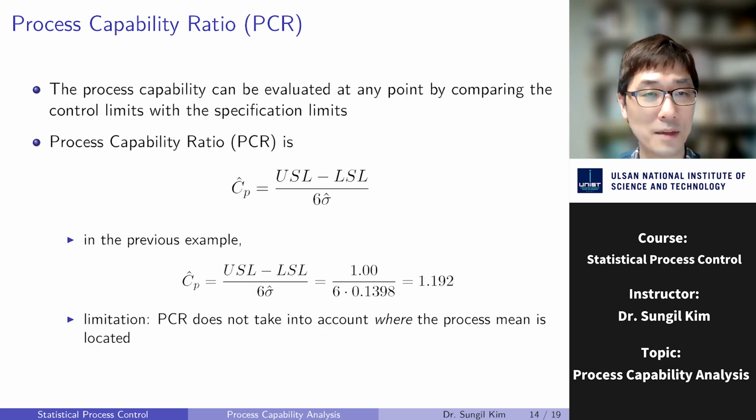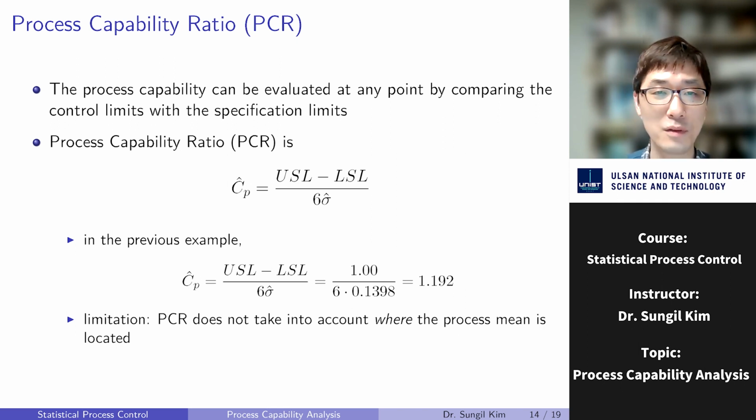Now let me introduce a metric called process capability ratio to evaluate the process capability, which compares the control limit with the specification limit. The PCR is defined by the difference of the specification limit divided by the difference of the control limit.